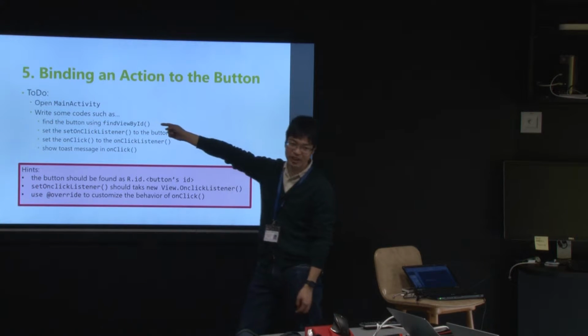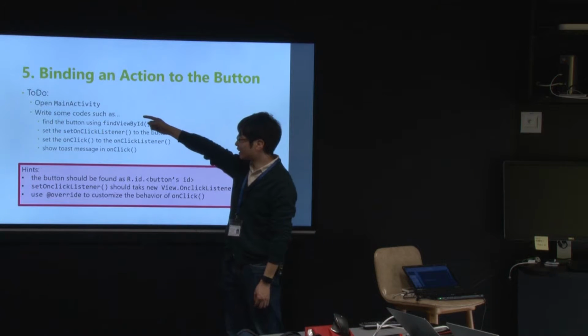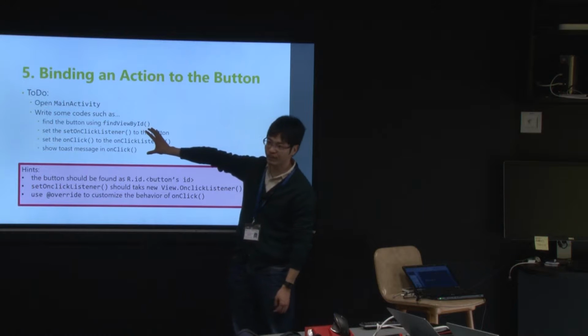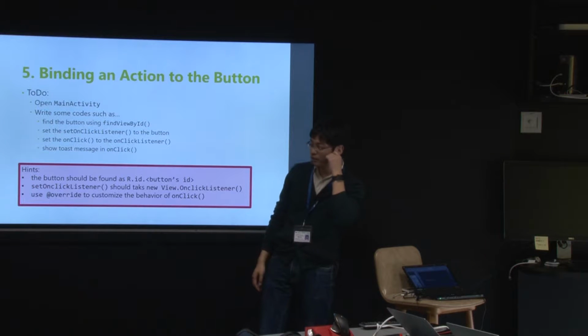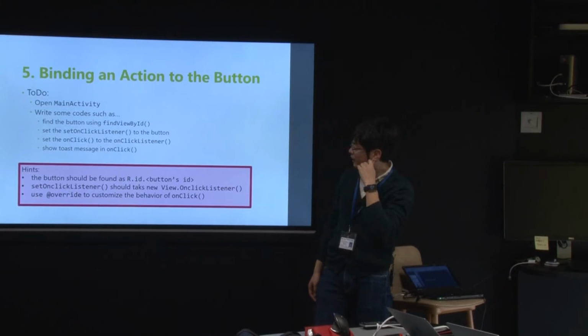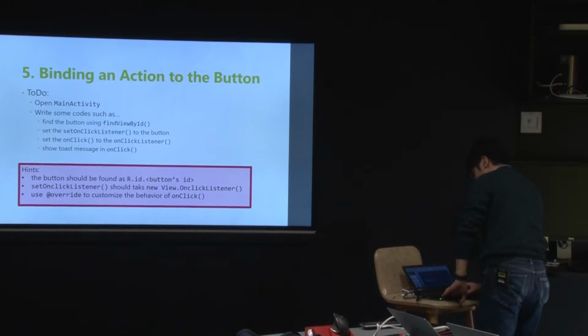First, open your MainActivity file and write some code such as this. This is so difficult for now, but if you understand the basics, this is going to be very easy. But at first, please copy the code.